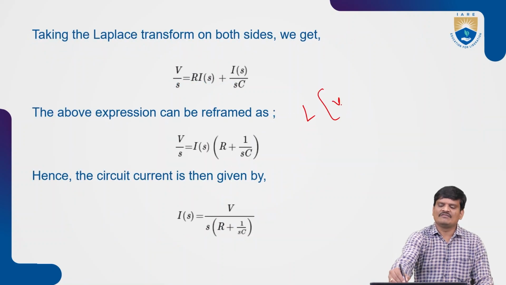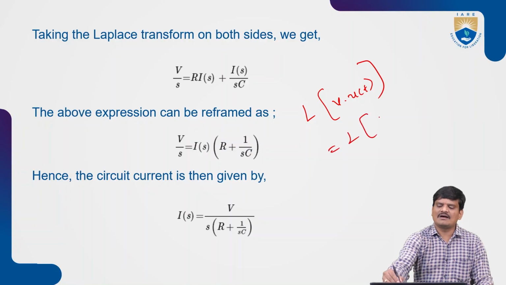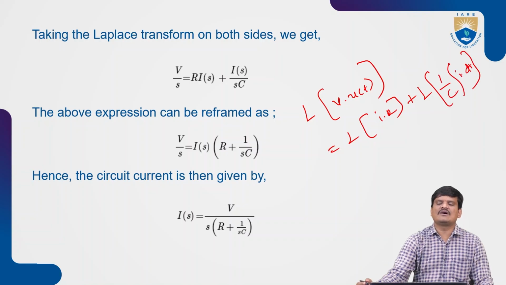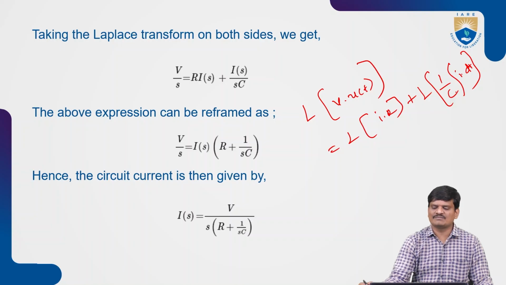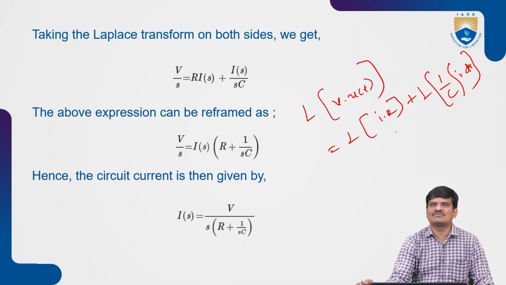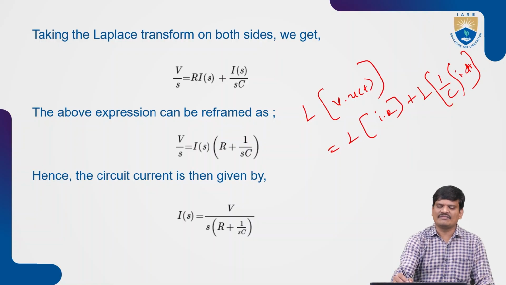L of V into U of t equal to L of I into R plus L of 1 by C integration of I into dt. This is how we need to apply the Laplace transform to the actual expression. As we know, voltage and other values are treated as constants. So L of U of t is 1 by S, and the expression here becomes V by S.